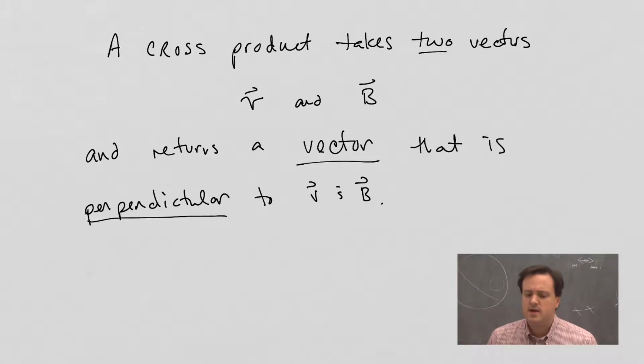So mathematically speaking, a cross product is a function. It takes in two vectors, and I'm going to use the two that we're interested in. I'm going to call them v and b, but it could be any two vectors. And it returns a vector that is perpendicular to both v and b. A cross product takes in two vectors and it returns a vector.